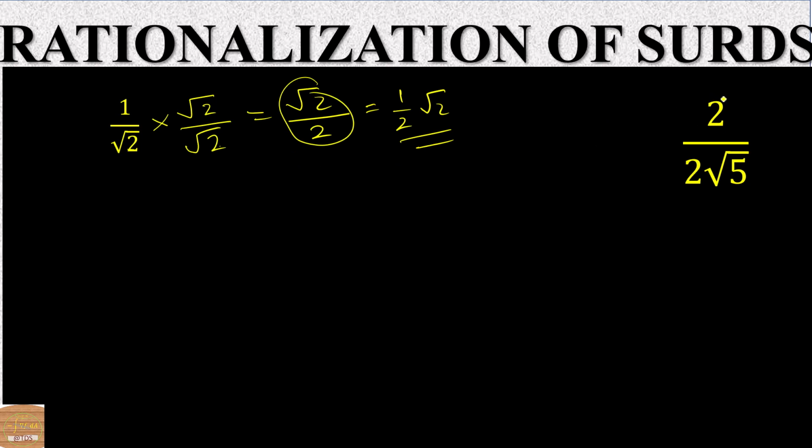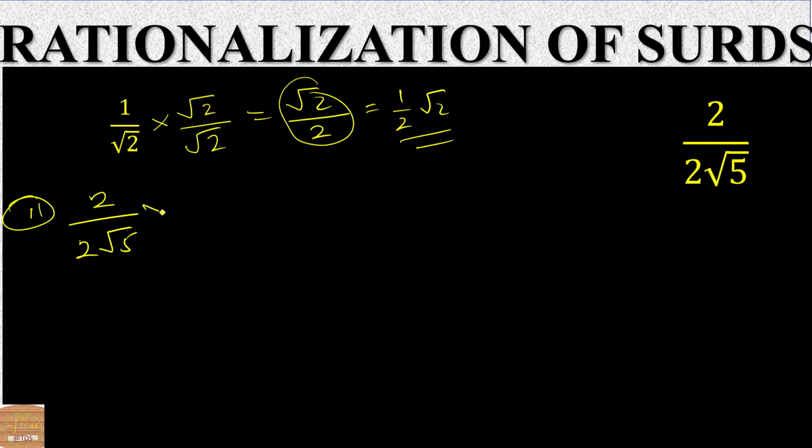Let's look at the second example. We have 2 over 2 root 5. We have 2 ways of doing this. First, you can ignore the coefficient and multiply by the surd, or use everything here. So let's look at the first method.